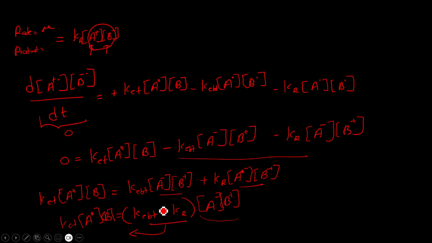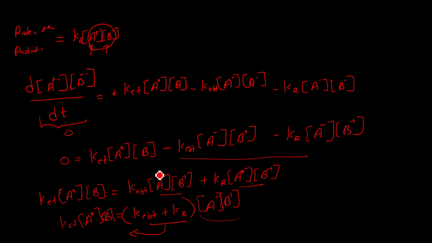So we have the expression k_ET, A star, B over (k_EBT plus k_R), equals our radicals, A radical concentration and B radical concentration.